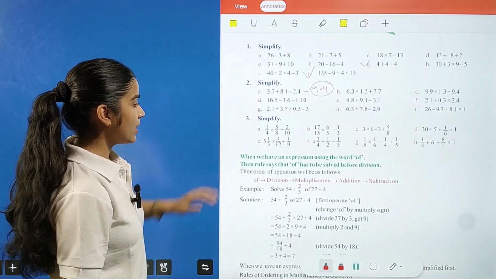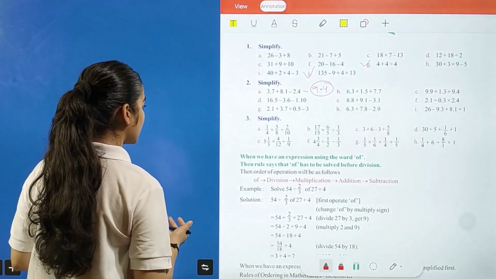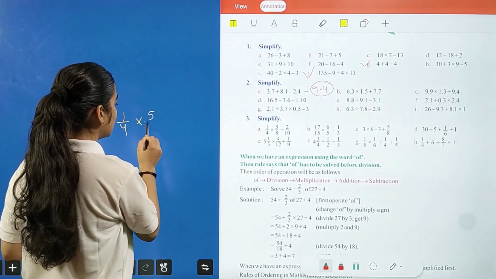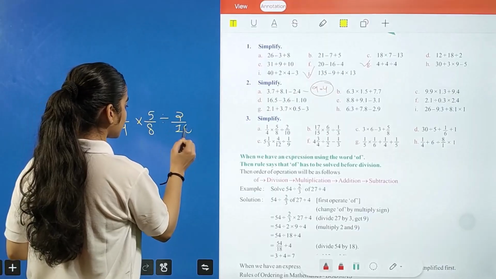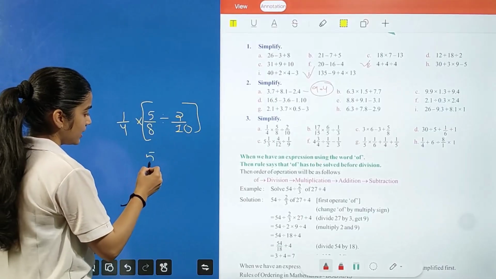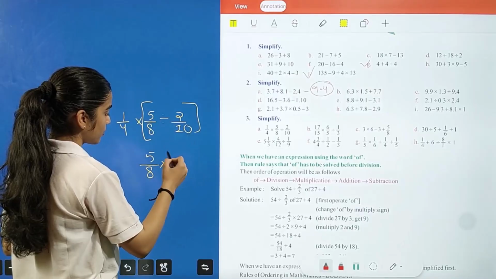Now we have to simplify. Again we have to do the same process, but we have fractional numbers. So 1 by 4 multiply 5 by 8 divided by 2 by 10. So first we have to take division. For division by 5 by 8, we have to take the reciprocal of it.